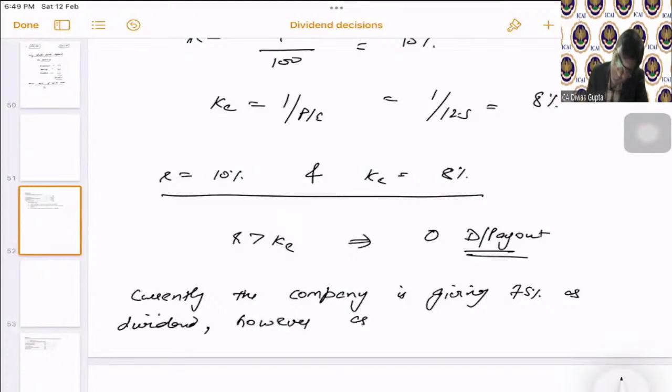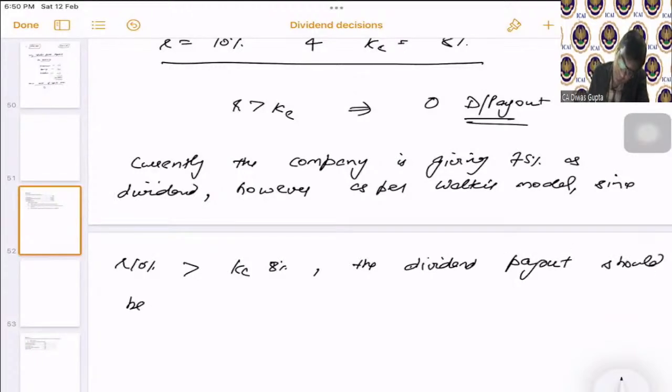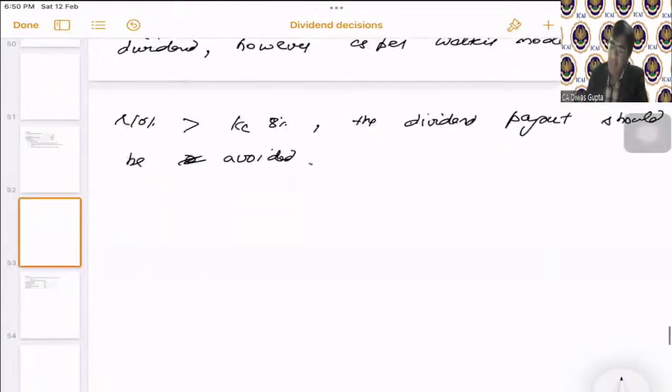However, as per Walter's model, since R of 10% is greater than KE of 8%, the dividend payout should be zero, or we can say it should be avoided, right? In case it is zero, then what is the price?